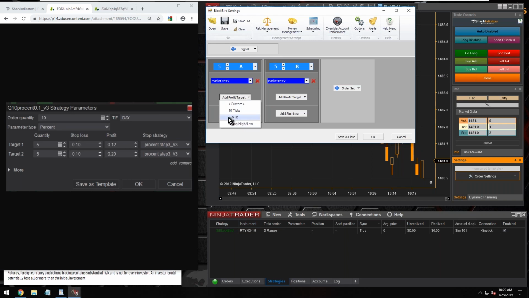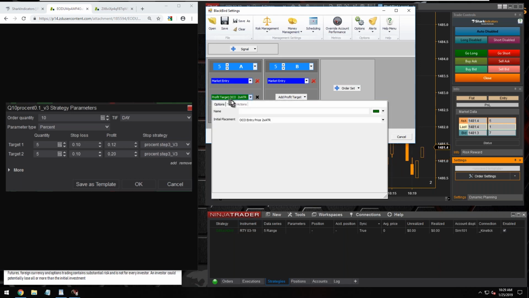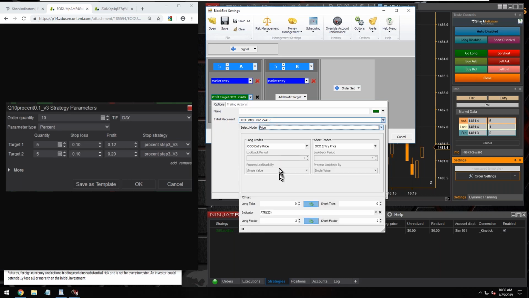It's easier if we just pick the 2 ATR, and then we can open up our profit target, and then open up the initial placement here, and then we can go in, and you'll see down here in the offset, the indicator ATR is selected for us.